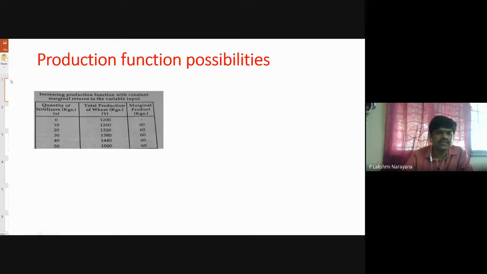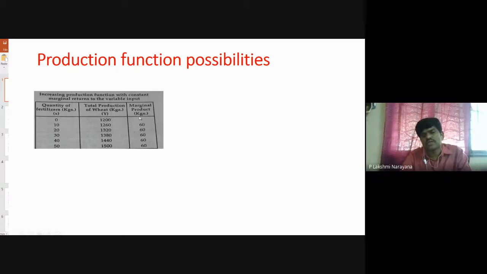So x is a variable input. Suppose no fertilizer is used, so that is 0. Total production of wheat is 1200 kgs, that is yield per hectare, suppose.